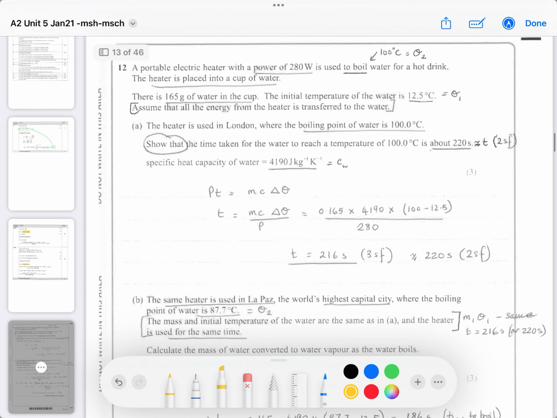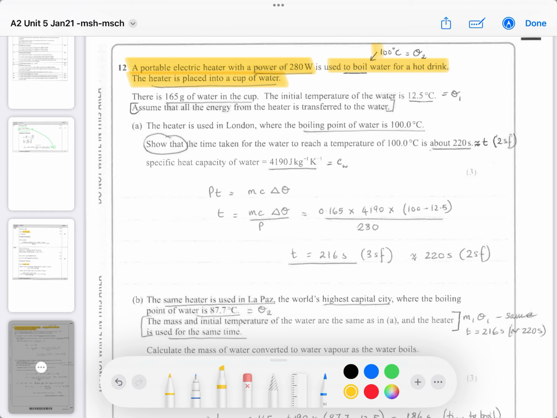Okay? So it says a portable electric heater with a power of 280 watts is used to boil water for a hot drink. The heater is placed into a cup of water. So it must be one of those immersion heaters you can just put in from the top.